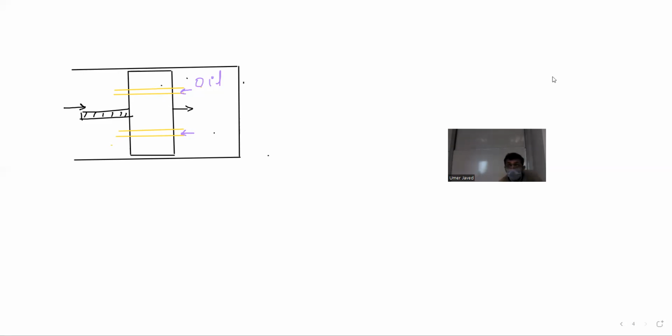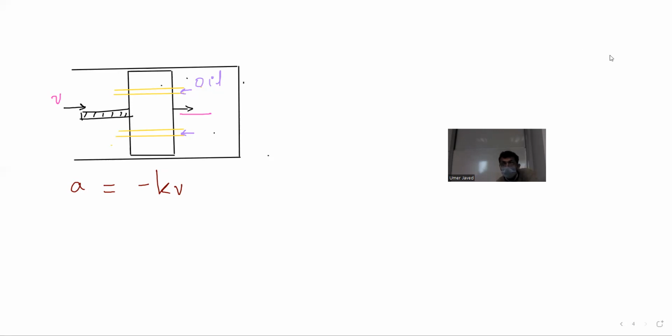Now, the basic mechanism is clear, right? Because the whole problem will pile up on this. Somebody tells me that this damper works like this, that acceleration is given as negative k multiplied by velocity. So I will put a velocity here, and I will say that the acceleration is pointed towards left.